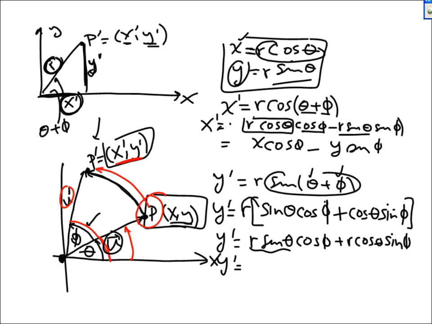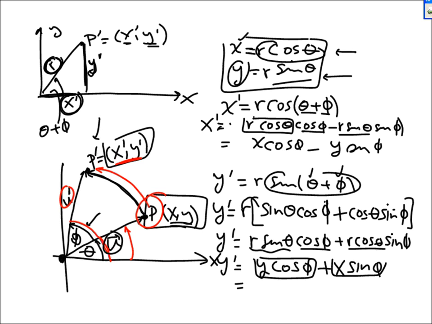R sine theta is y. So I get y times cosine phi, plus r cosine theta is x, so I get x sine phi. And this is addition, and I want to permute them because I want x first.